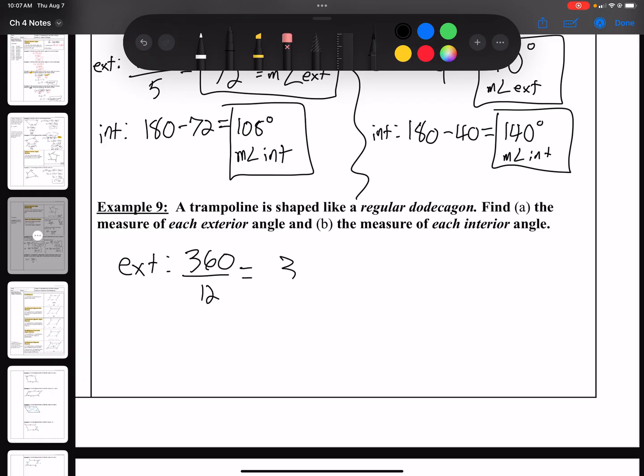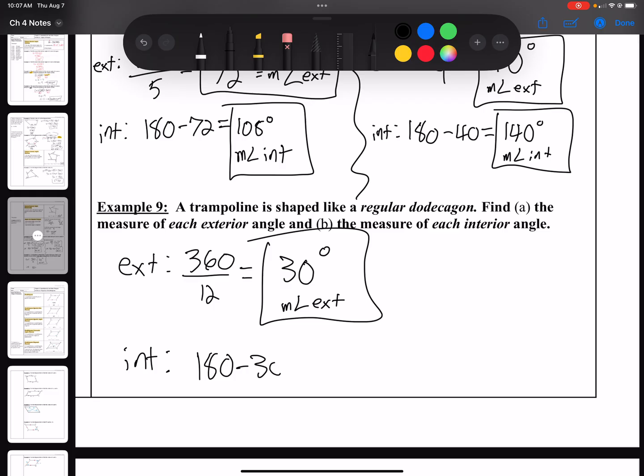So every single exterior angle will be 30 degrees. And the interior angle is going to be nothing more than 180 minus that result, meaning every single interior angle on the inside of that trampoline will be 150 degrees.